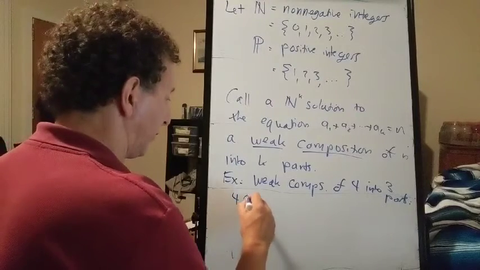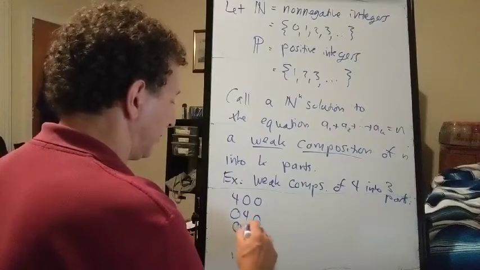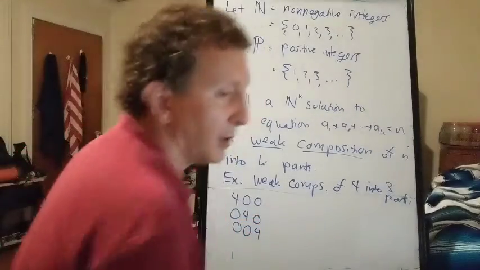We could write it as 4 plus 0 plus 0, 0 plus 4 plus 0, 0 plus 0 plus 4.